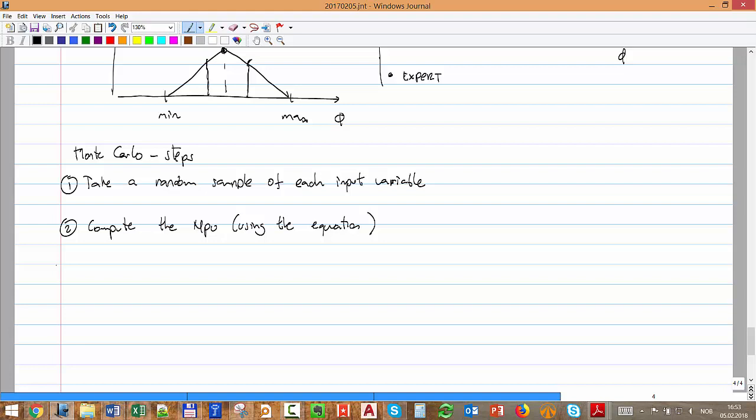We have to save the result and repeat from 1, okay? Let's say go back to 1. I have to take another random number from that distribution. I have again to compute the NPV, and then I have to save the result. And I have to repeat that, okay, for, let's say, a certain number of iterations.